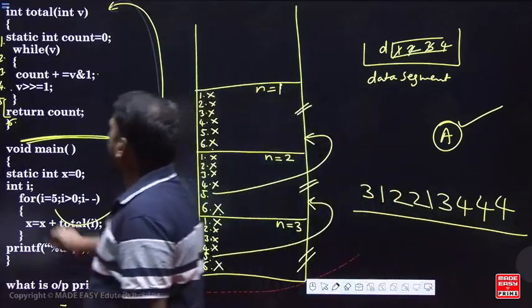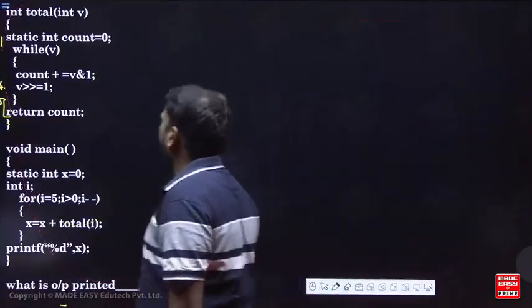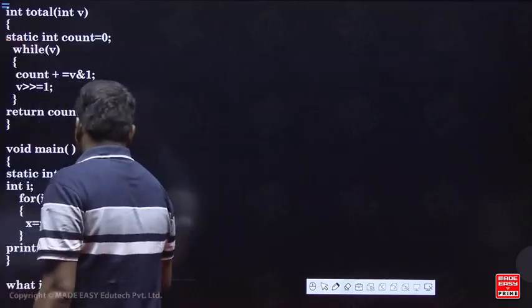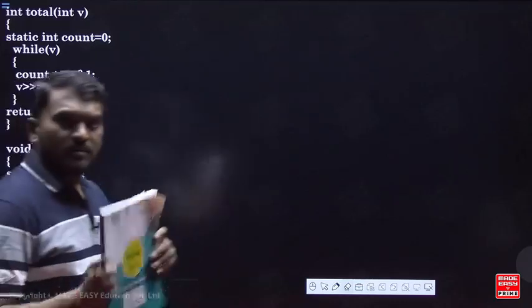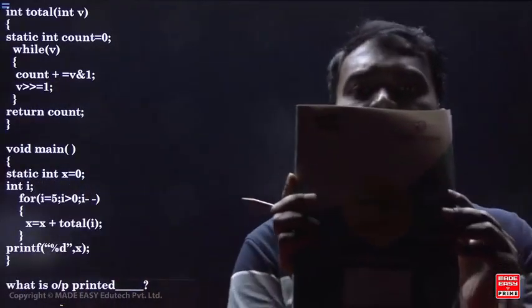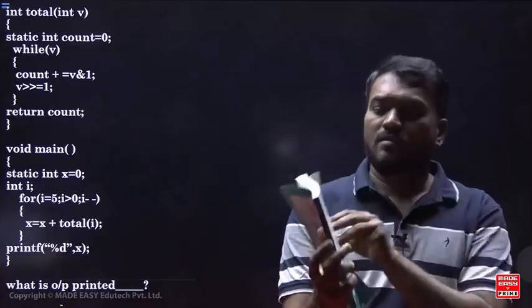Go to the workbook and go to the chapter Programming. I will give the page number. You can directly solve from the workbook. I think all of you received the workbook. This is the workbook, GATE 2023. I think it is visible now.